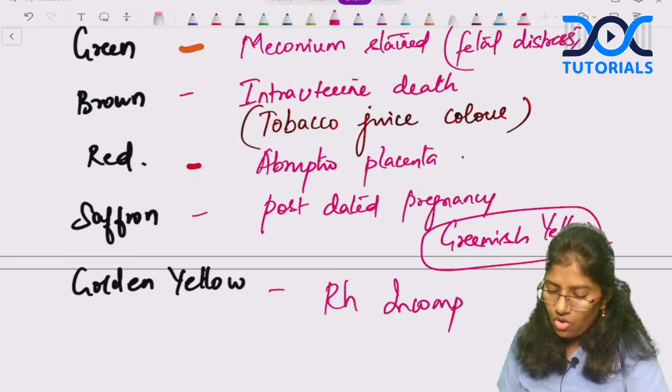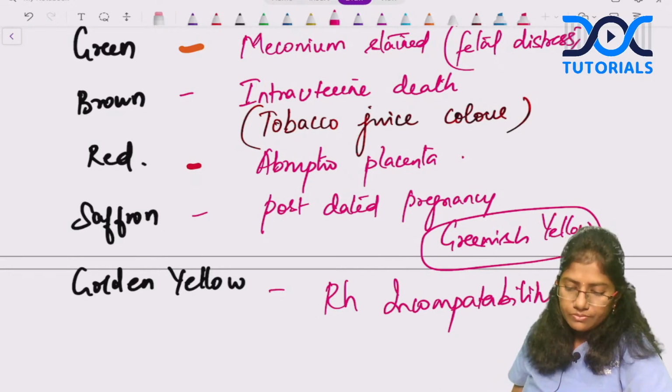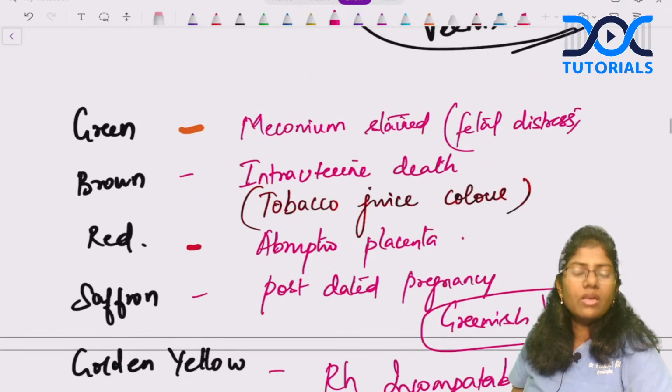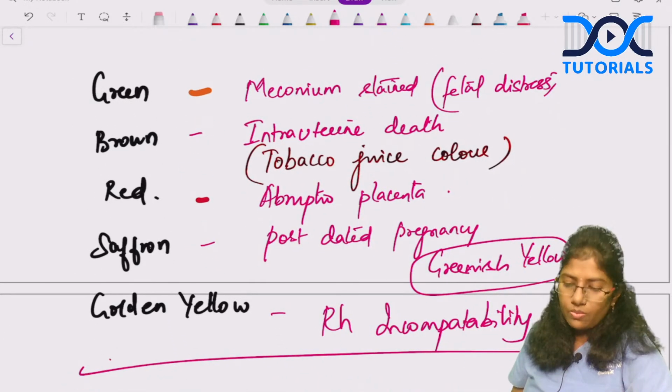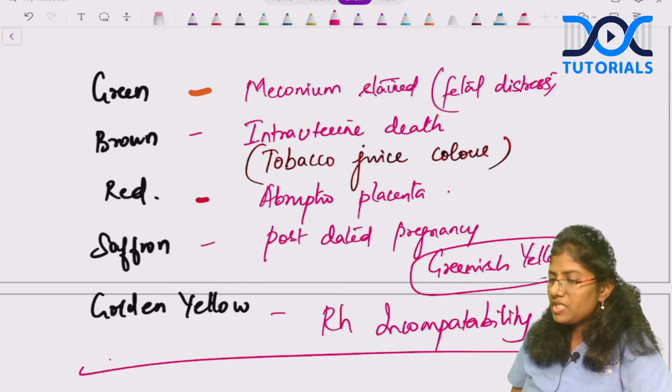So green, brown, red, saffron and golden yellow are seen in meconium stained, intrauterine death, abruptio placentae, post-dated pregnancy and RH incompatibility respectively.